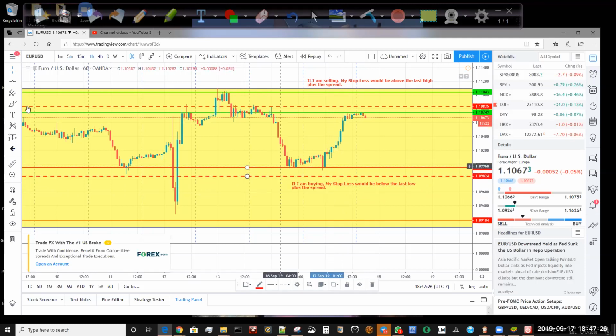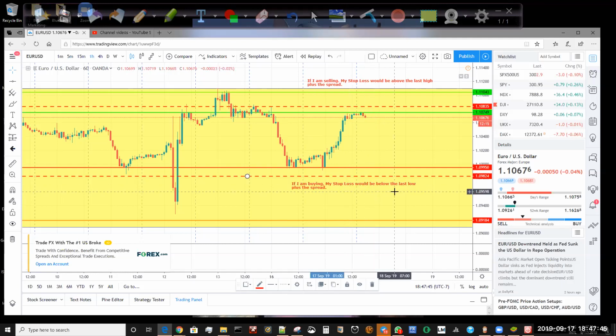And usually the spread for this pair is pretty low, depending on what broker you have, anywhere between 5 and 10 points. So you just include that, whatever the last low or the last high is, plus the spread, whether you're selling or you're buying in market direction.